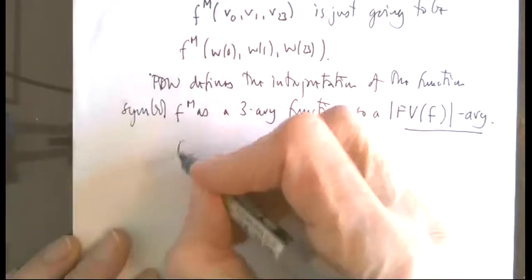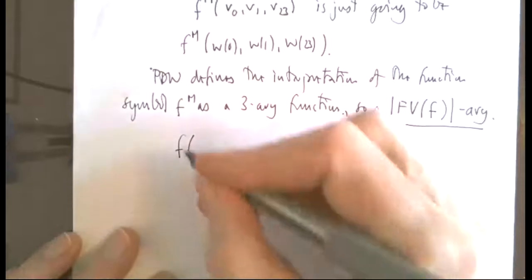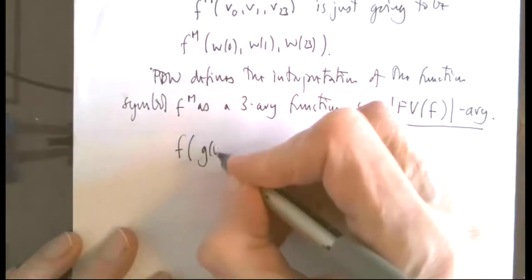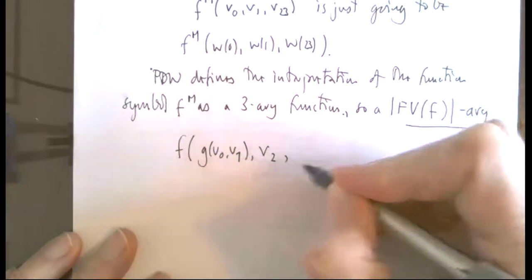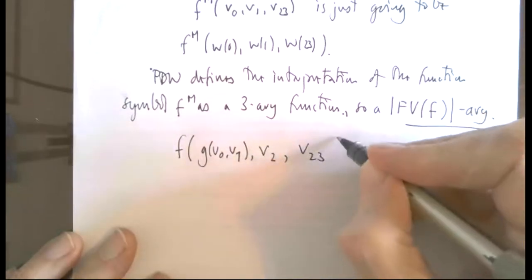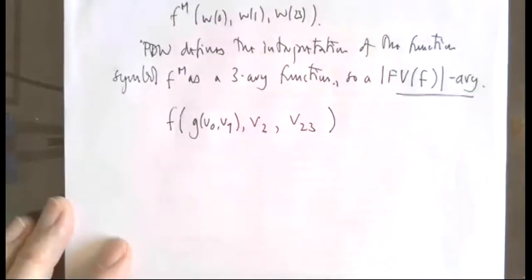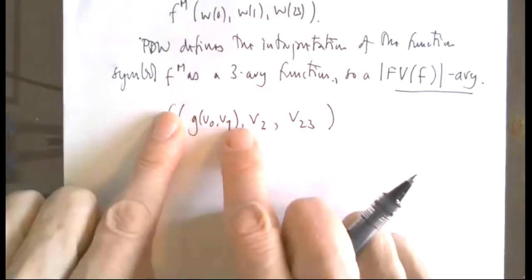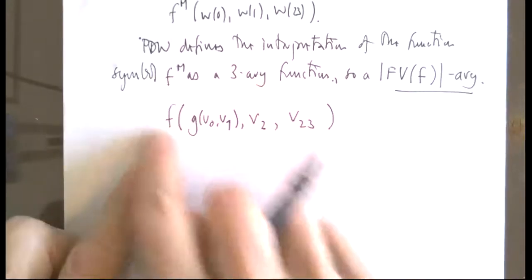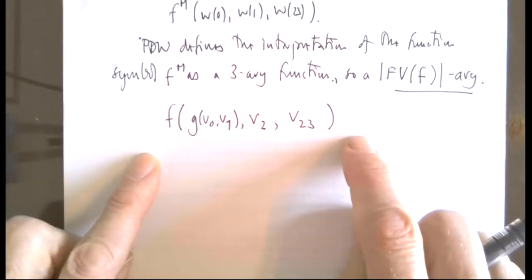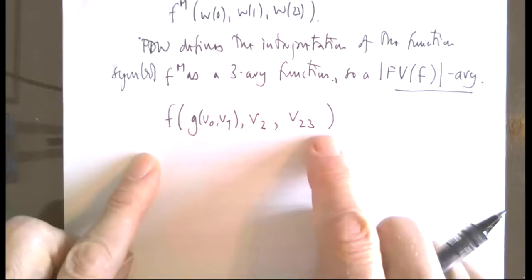So of course, if we've got a function like this, maybe this itself is a function of two things. We have V23, right? This is a function with two free variables in, but the free variables in this term are, you know, there's four of them, V0, V1, V2, V3.